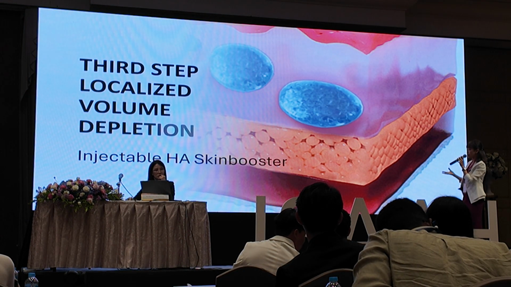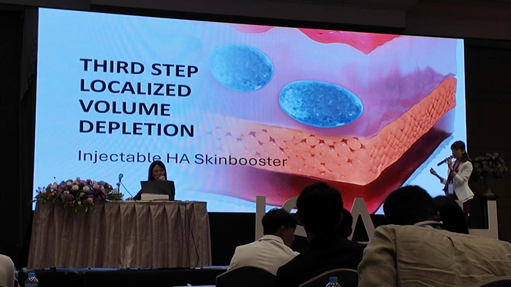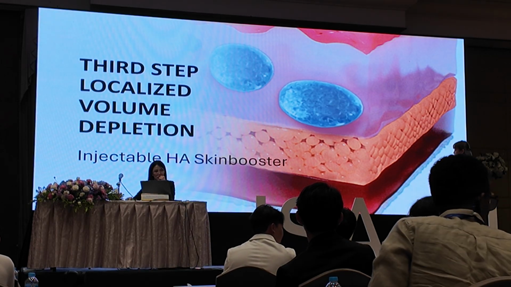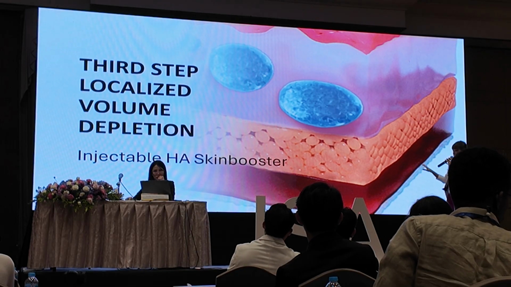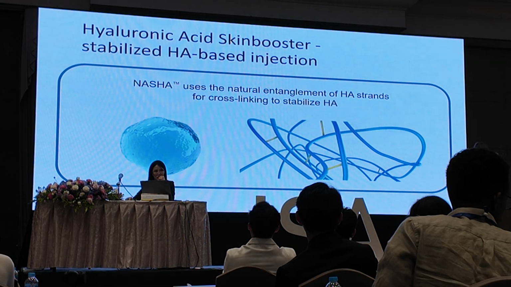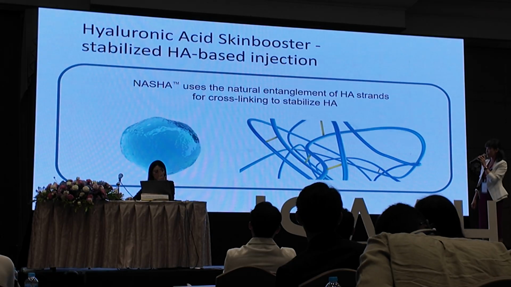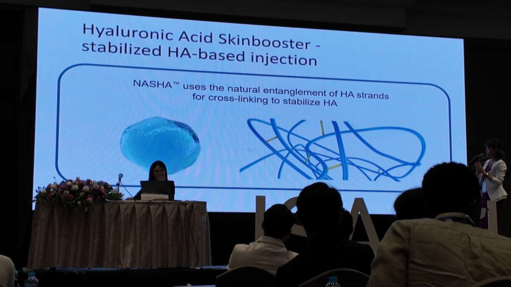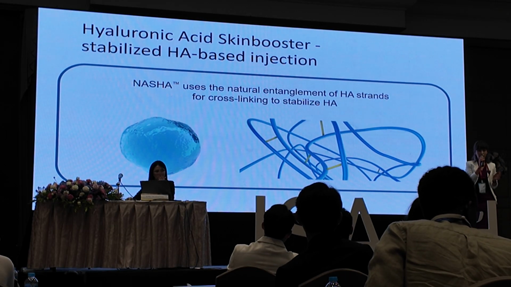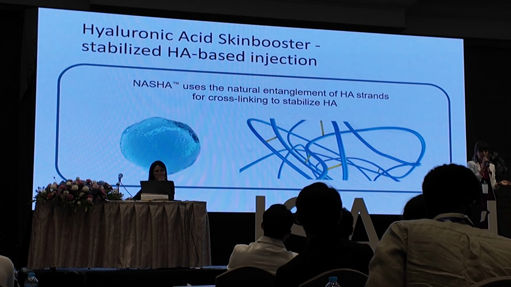So the third step will be localized injectable HA skin booster. For this case, I'm using Restylane skin boosters, Restylane Vital and Restylane Vitalite. Vital and Vitalite use the NASHA technology. So what is NASHA technology?